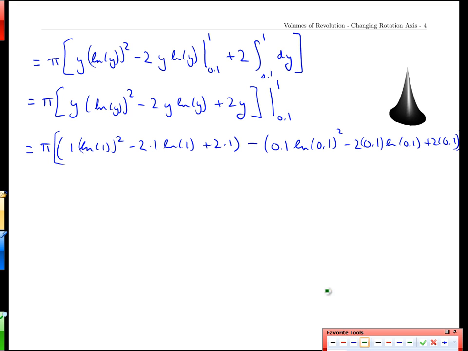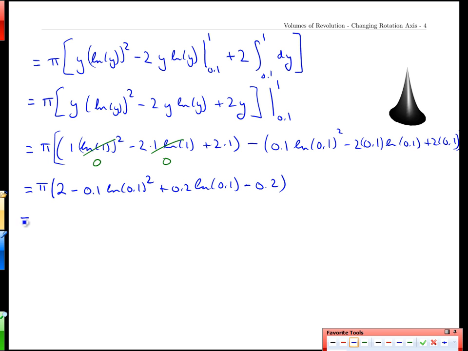Now, other things do cancel nicely because ln of 1 is 0. So we end up with pi times 2 minus 0.1 ln of 0.1 squared, double negative, plus 0.2 ln of 0.1 minus 0.2, negative again, negative and positive. That'll be negative.